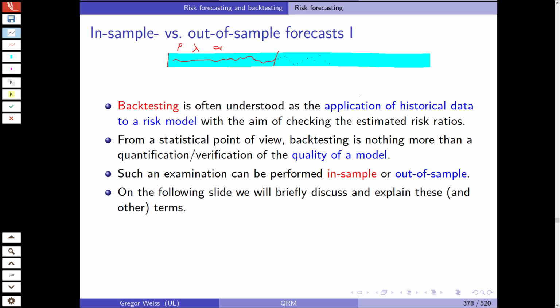An estimate is using available data to estimate the model on this period for which we have available data. A forecast is using historical data, estimating the model parameters, and forecasting days into the future for which we don't have historical data. So this is in sample and out of sample, actually in-sample estimation and out-of-sample forecasting.